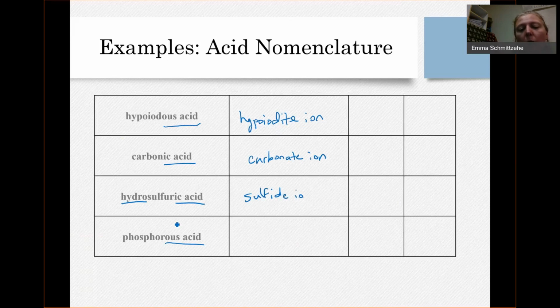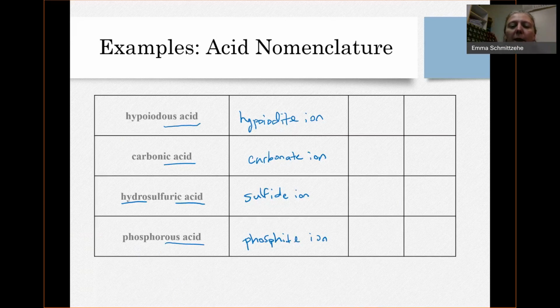Since we're going the other way with the sulfur, we drop the ur part because we wouldn't say sulfuride. And the ous changes to ite, so that would be phosphite. That's another one where a couple letters disappeared. If you said phosphorite ion, I guess it's understandable, but it's not really correct.